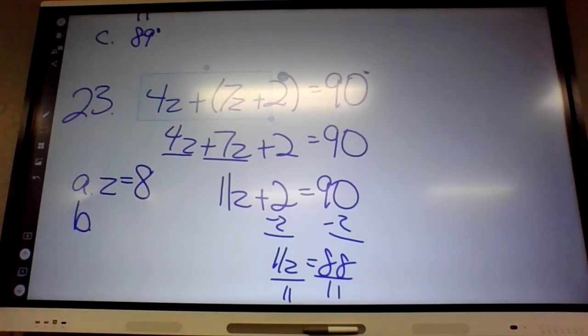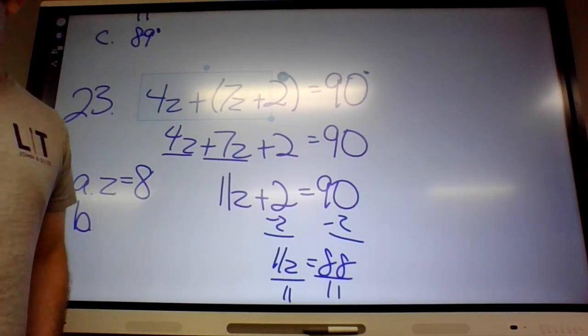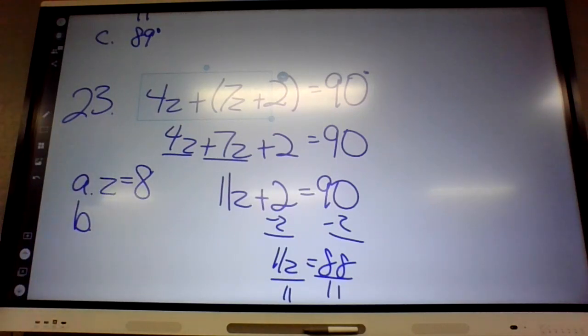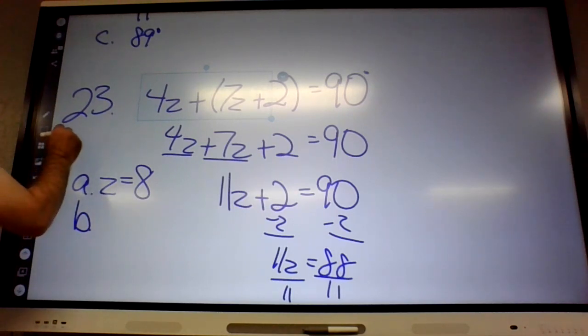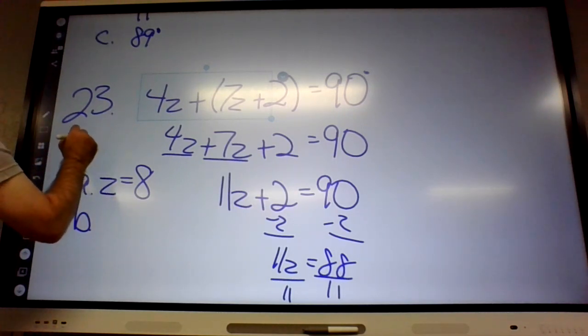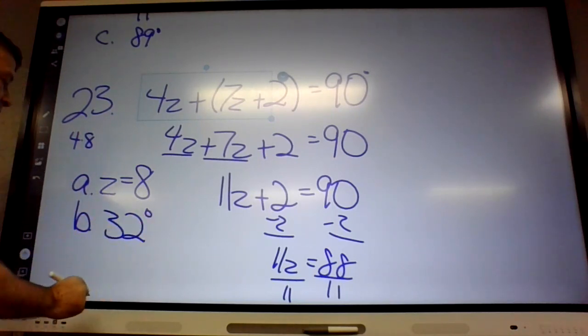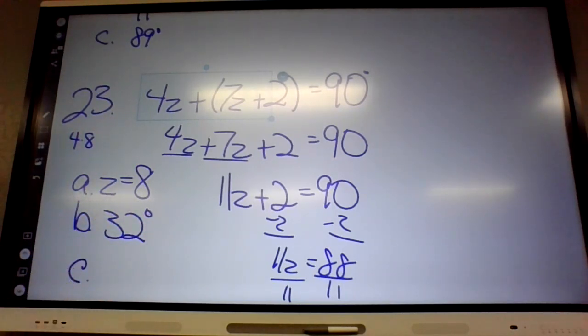Okay, B says find the measure of angle GHJ. GHJ is which angle? The top one. So how are we going to find it? You plug in 8 for z, so 4 times 8 is 32.